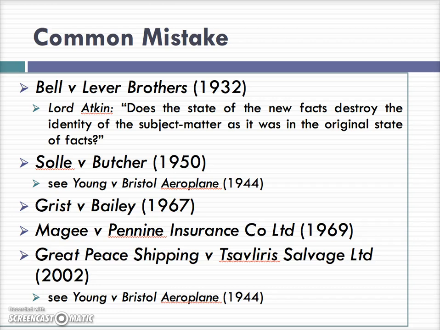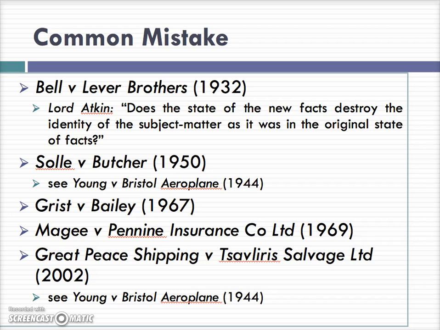And so the parties had to find a way of compensating Bell to basically buy him out of his employment contract. In the end, Lever Brothers agreed to pay Bell a large sum of money, basically to undo the previous contract, the employment contract.